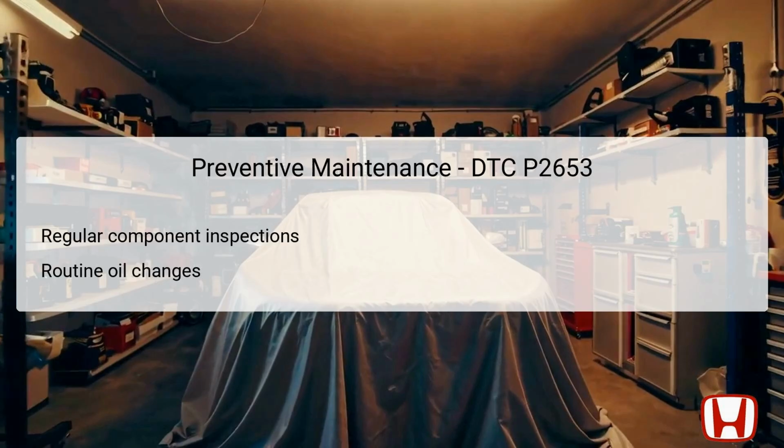It's advisable to check the wiring and connectors frequently to prevent corrosion or disconnections that could lead to DTCs like P2653. Additionally, adhering to routine oil changes helps maintain optimal engine health and ensures that the solenoid operates effectively, preventing any degradation over time.